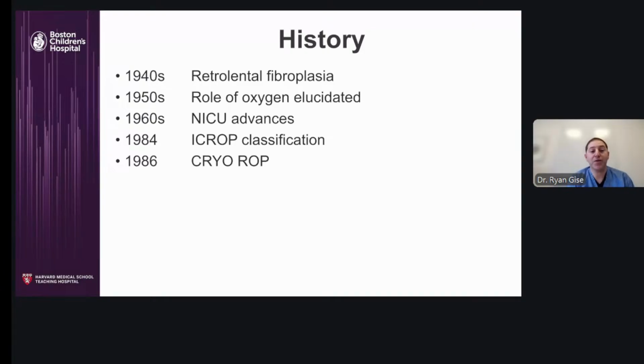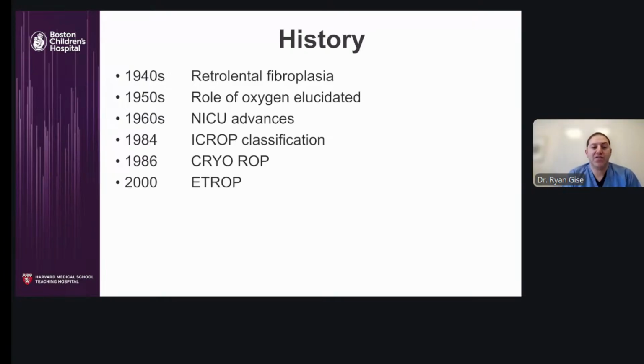With cryo, remember what you're doing is the same thing that you're doing with laser. You're basically destroying the avascular retina, or the cells that are producing the signals that are causing the neovascularization to grow. It's obviously very destructive.